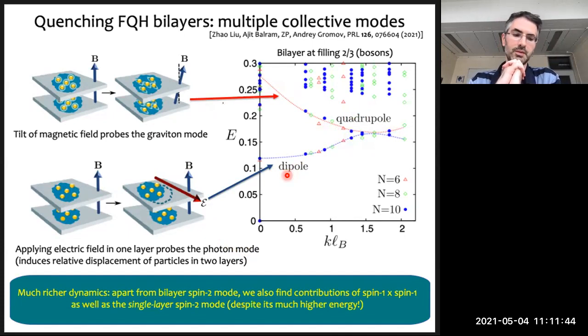But still it appears quite nicely in the dynamics, which was quite interesting to us. Okay, so that's something new that we did along those lines.